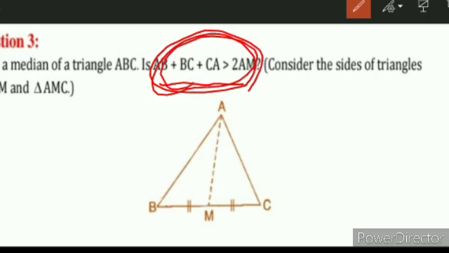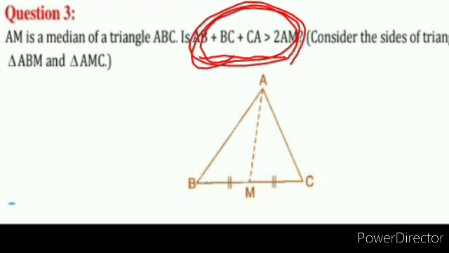We should write the answer, yes or no. For that we should use that property. Which property? The sum of any two sides of a triangle is always greater than the third side. For that we will use these two triangles.